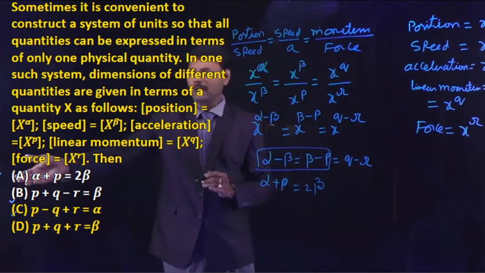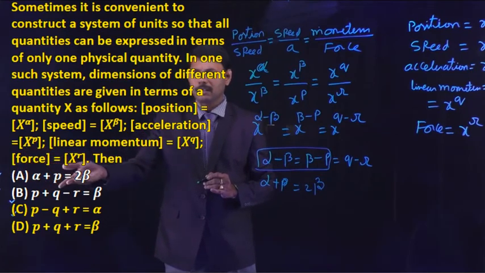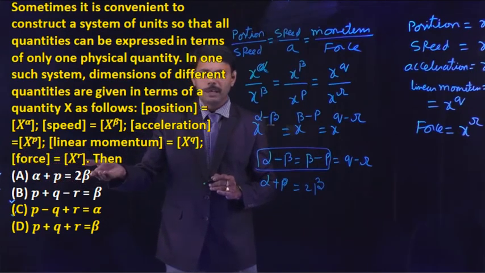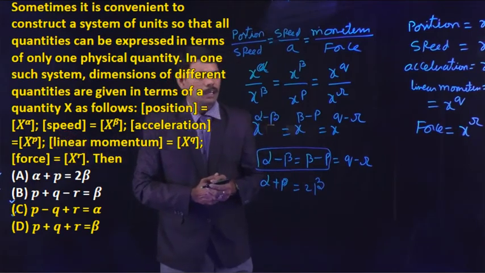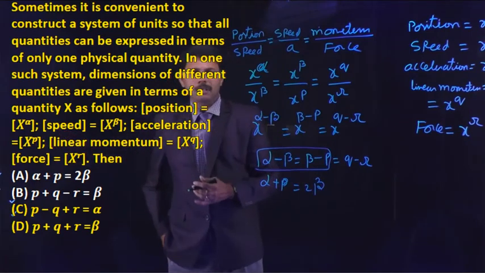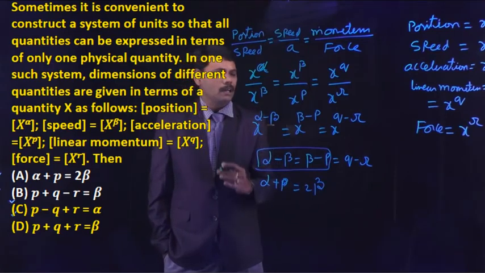Among the given options, the first option, alpha plus p is equal to 2 beta, is correct. Similarly, in the second option, p, q, r and beta are compared.